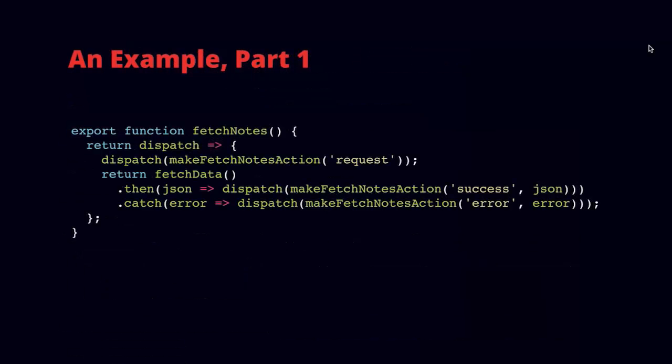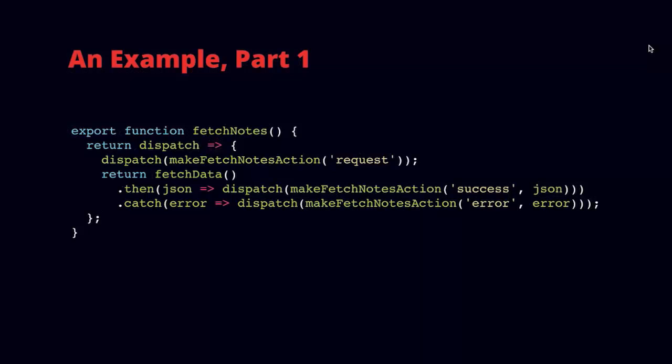So here's an example. We want to be able to fetch nodes from the server, and this is just the first step. We're going to create an auxiliary function that creates actions for us. We're going to be sending out 3 versions of the same action. There's going to be a version of this action that signifies that the request is being made, a version that signifies that the request succeeded, and a version that signifies that we've got the results back.